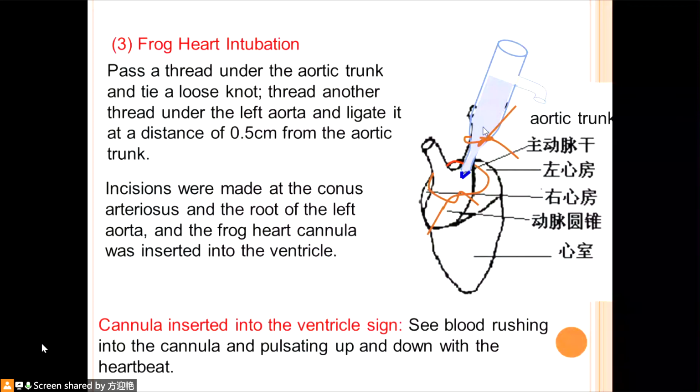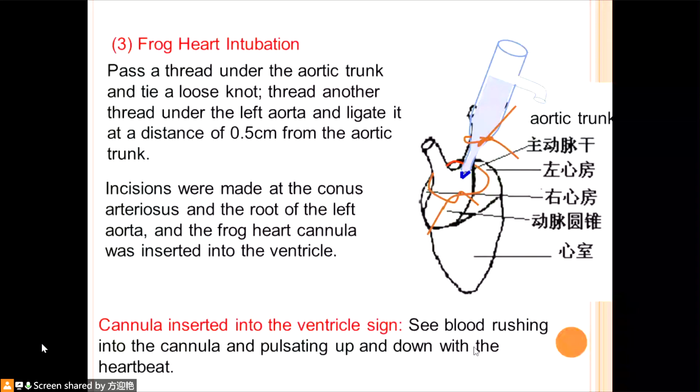First we cut there and insert it, and then we cross the valve between the aorta and the ventricle. We should open and cross the valve and then go into the ventricle.